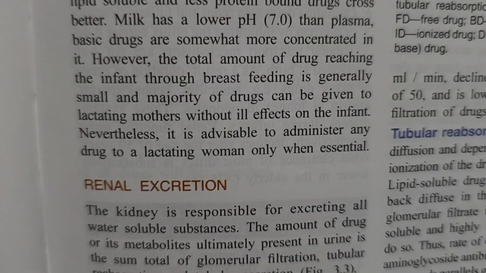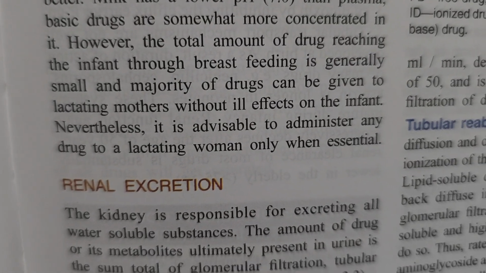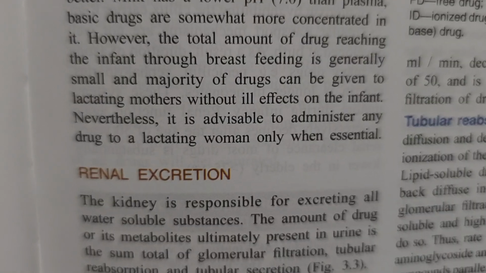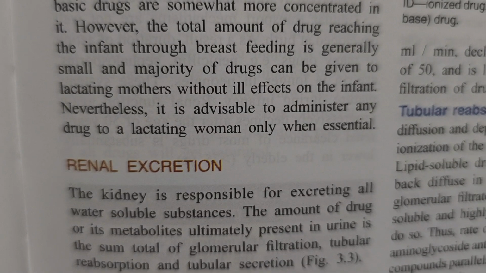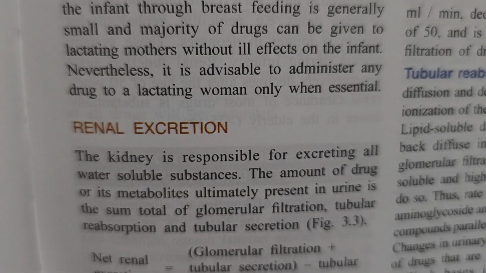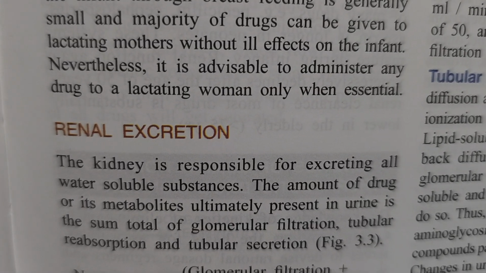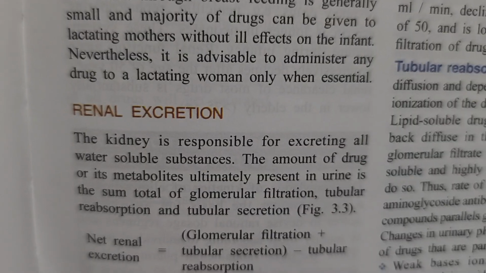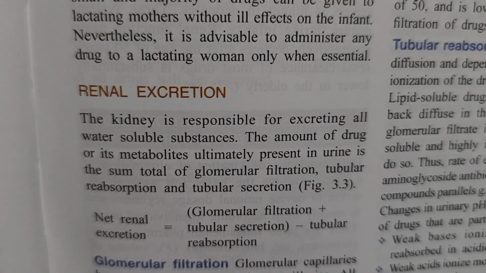However, the total amount of the drug reaching the infant through breastfeeding is generally small, and the majority of drugs can be given to a lactating mother without ill effects on the infant. Nevertheless, it is advisable to administer any drug to a lactating woman only when essential.